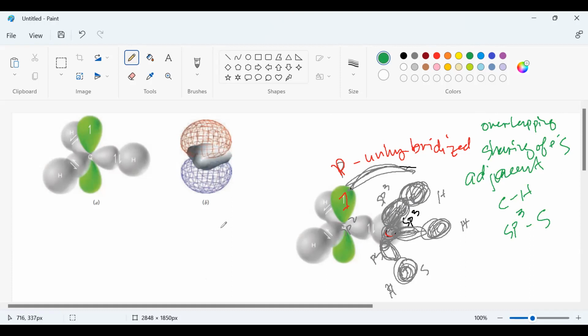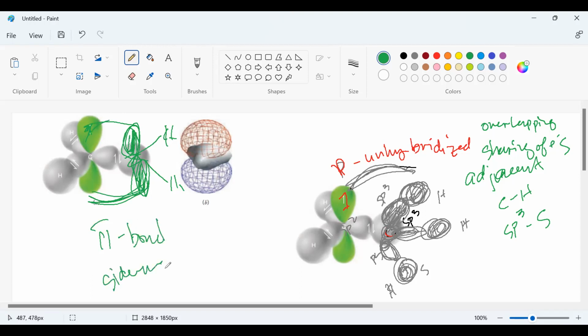If you remember, when you have two carbons with unhybridized p orbitals, this is how a pi bond is formed, through sideways overlap.